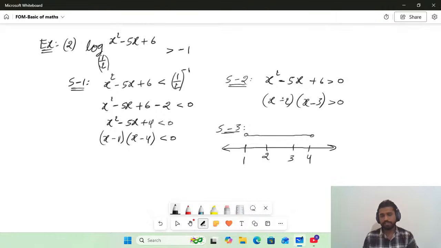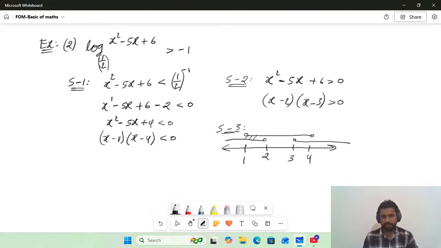For x minus 2 into x minus 3 greater than 0, what is the interval? So 2 and 3 we will plot here: plus, minus and plus. From minus infinity to 2 and from 3 to infinity is the required interval for step 2. Step 1 interval is from 1 to 4. What is the common part?